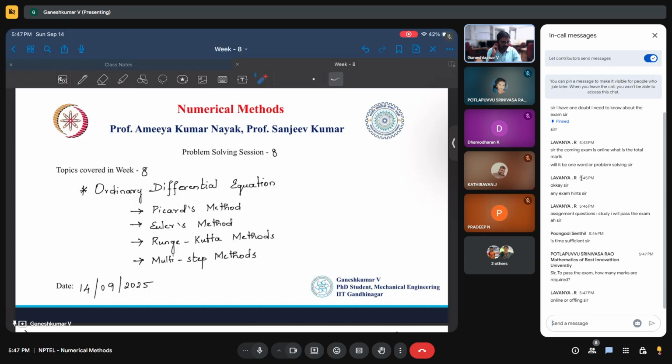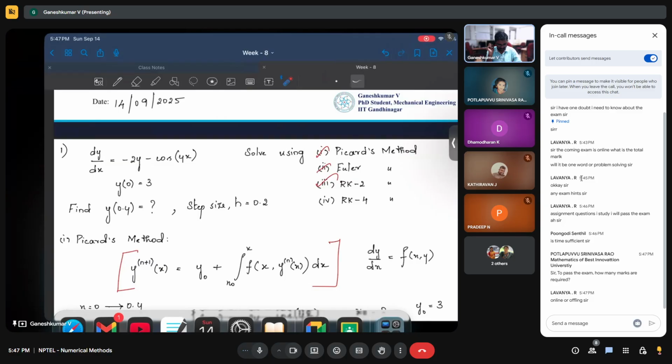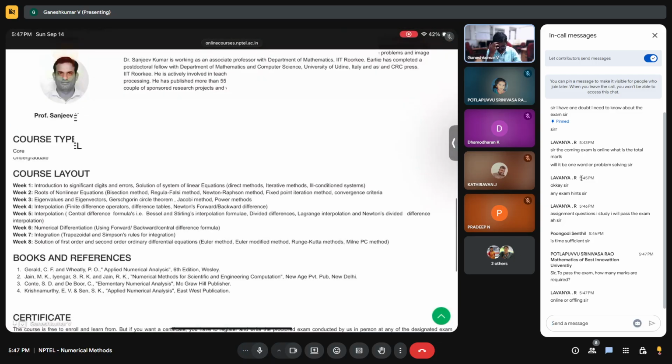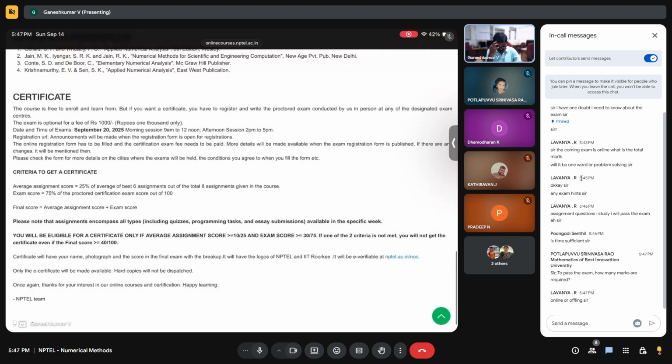How many marks are required? I think for pass mark, average assignment score should be about 10 out of 25, and the average exam score should be about 30 out of 75. Then only you will be receiving the certificate.